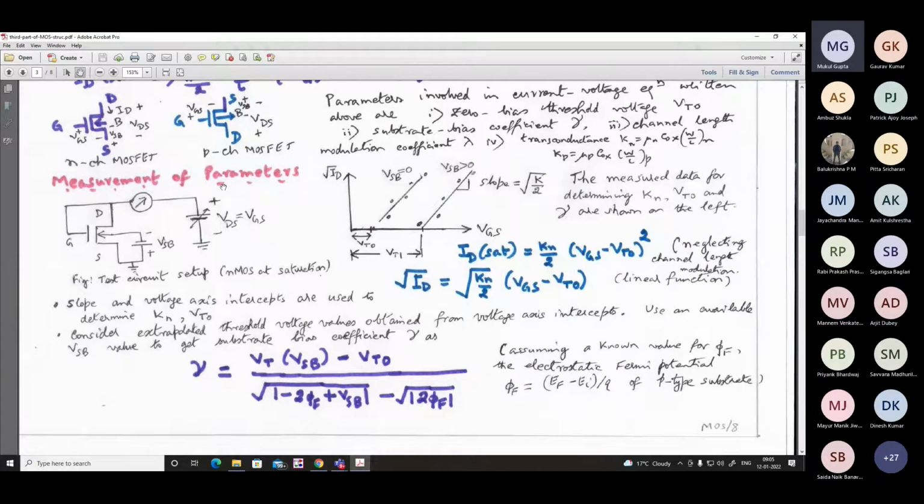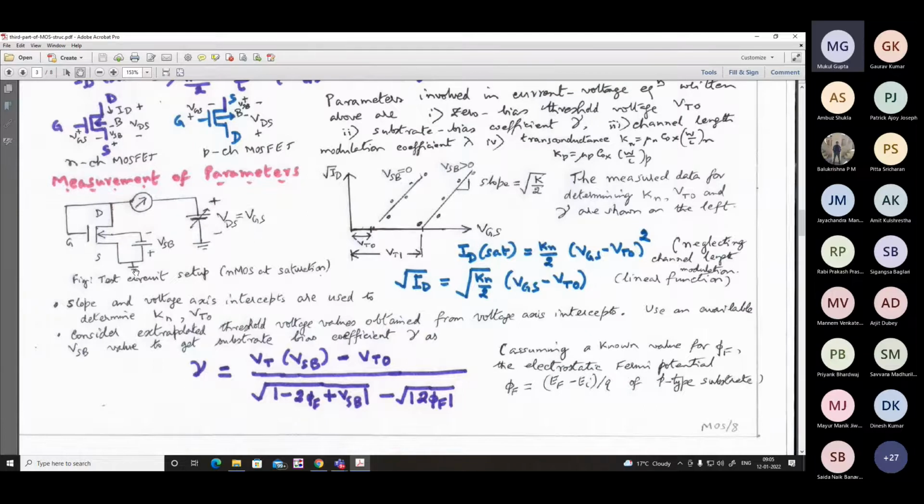If you are devising a setup only to measure the parameters, then this connection will never create any problem. So the source, for all practical purposes, we can connect to ground. You need to make it so that the positive current can flow in this direction. Ankit, you are correct in pointing this out.